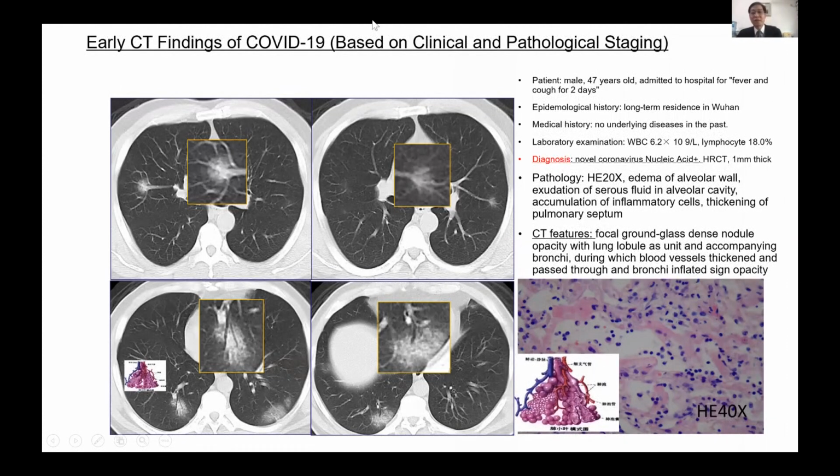This patient is male, 37 years old, admitted to hospital for fever and cough for 2 days. Nucleic acid test positive.